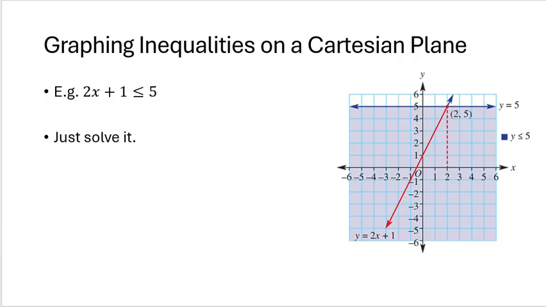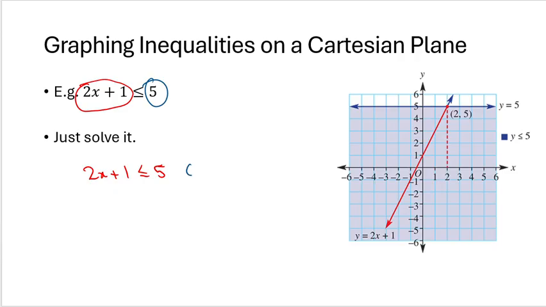You have your line. It's like which area of that red diagonal line sits underneath y equals 5? Now you can use the graph. My solution is to just solve it normally. So you just solve your inequality like normal, based off the previous topic that I taught everyone.